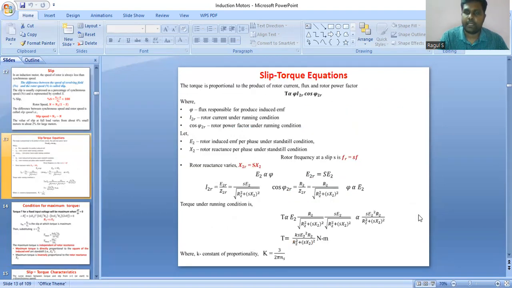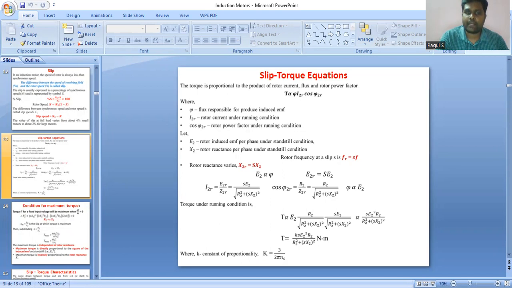Here, the torque and slip relationship: the torque is directly proportional to flux and current, especially rotor current, and also depends upon the rotor power factor. So in an induction motor, the torque depends on flux, rotor current, and rotor power factor.